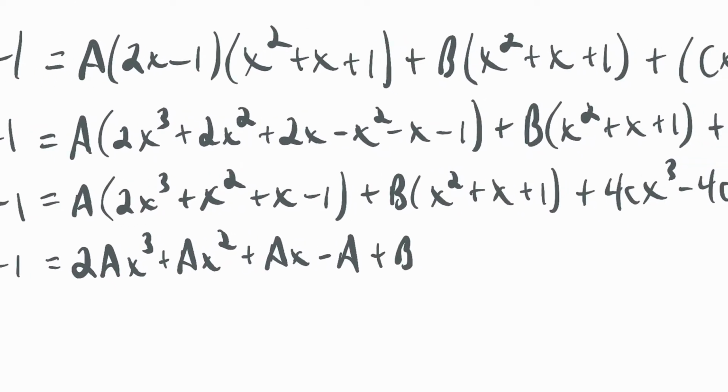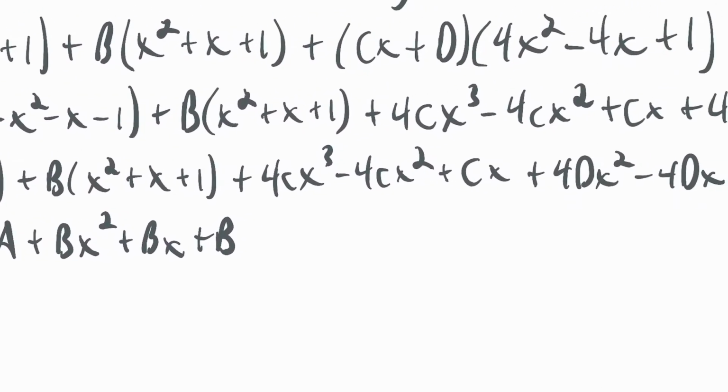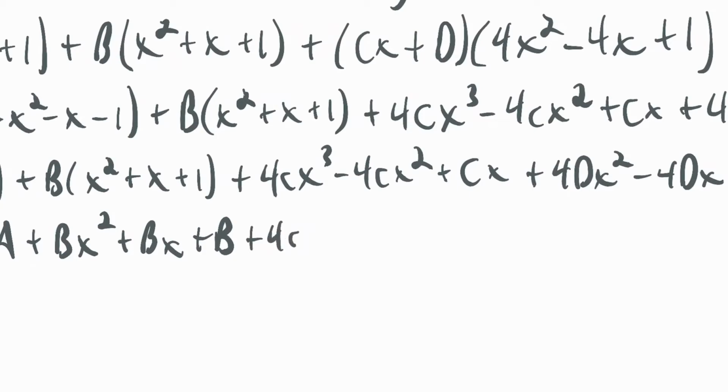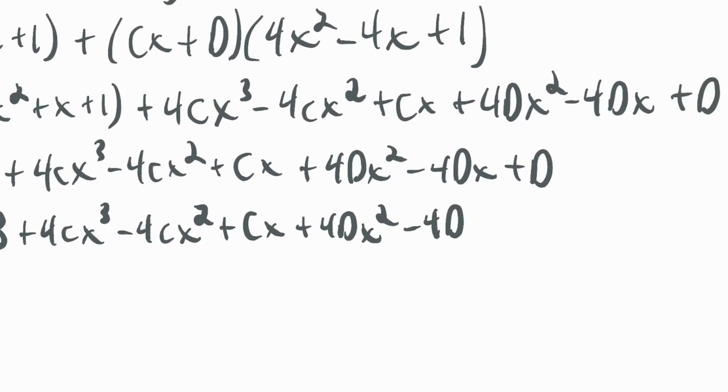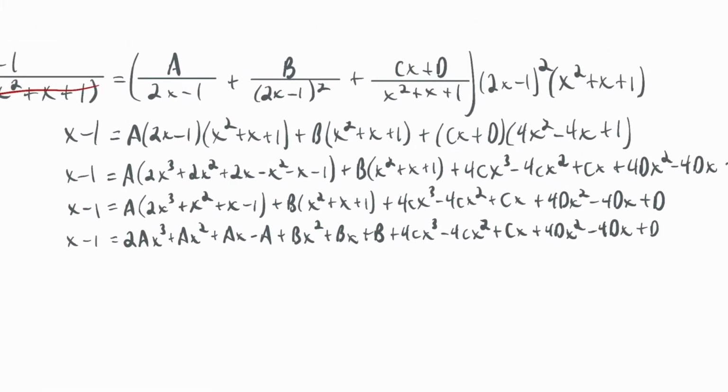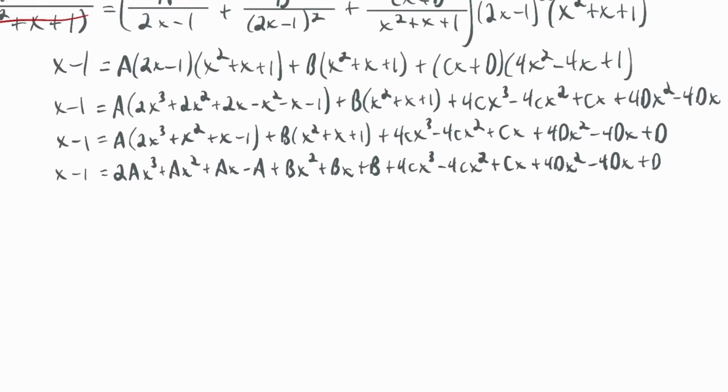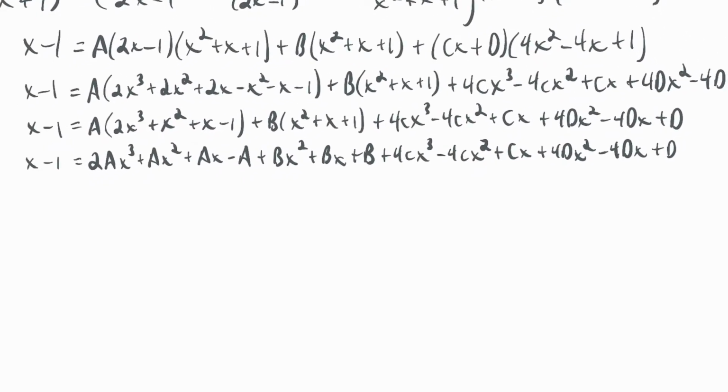Plus bx squared plus bx plus b. And then these I'm just copying. So plus 4cx cubed minus 4cx squared plus cx plus 4dx squared minus 4dx plus d. Okay, so that should be it, and we should have plenty of vertical room, I think. That is our polynomial equation.